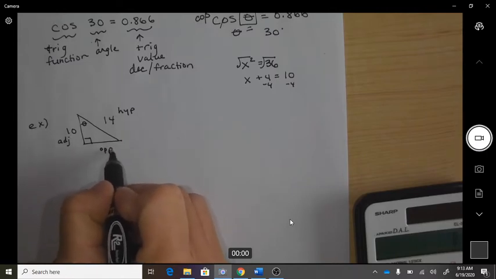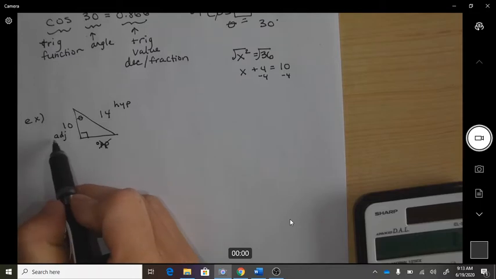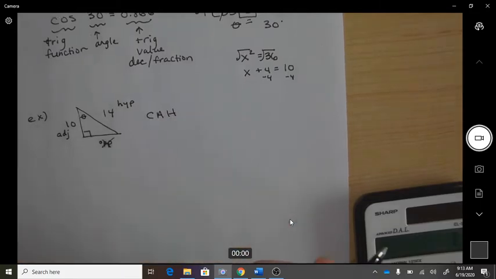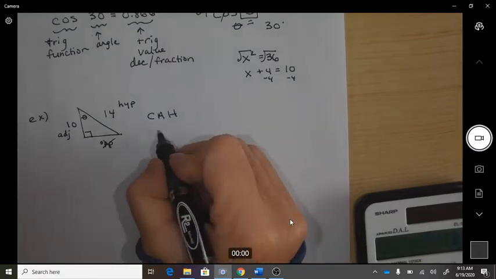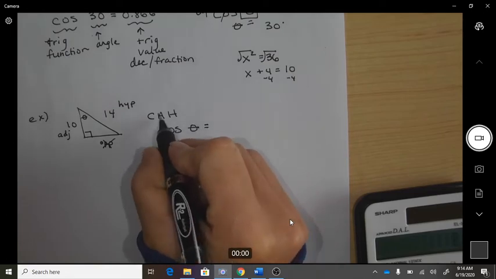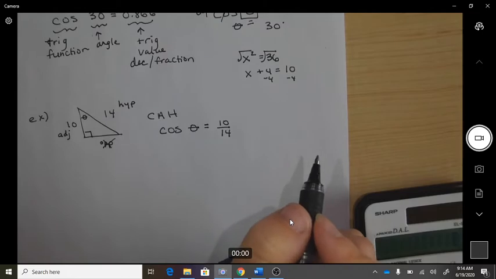This is opposite, so I obviously don't need that one. AH is the CAH of the SOH CAH TOA. So if I set it up, the cos of the angle equals the adjacent divided by the hypotenuse.